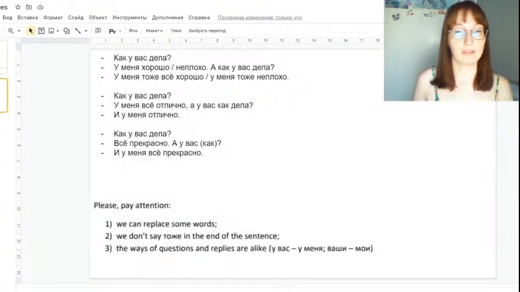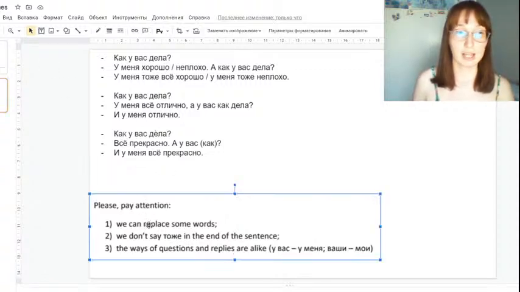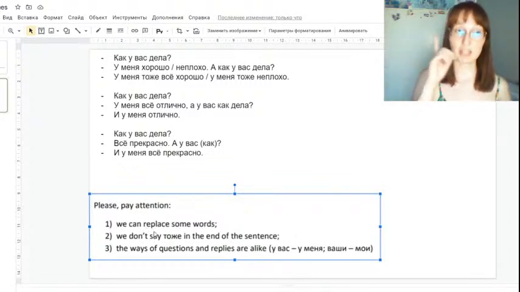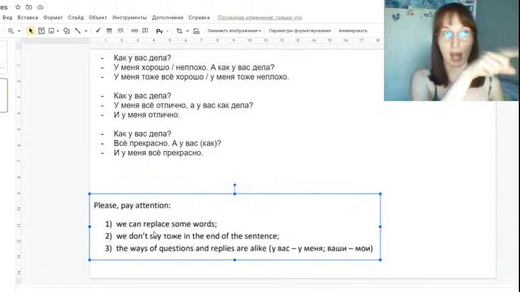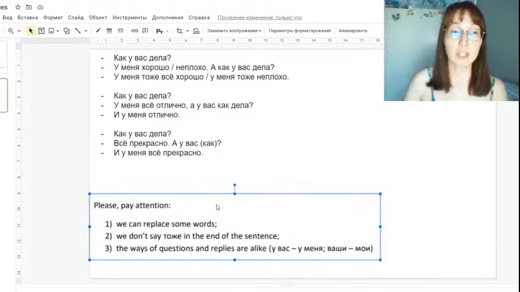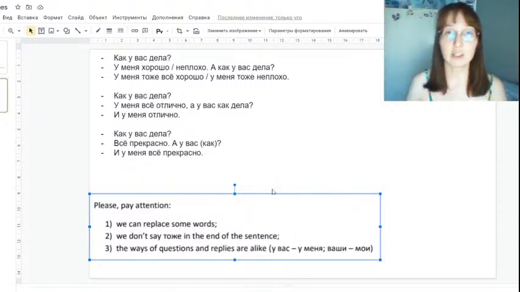Well, the last slide. And here I wrote you some notes. Please pay attention. First, we can replace some words. I explained on the first slide. We don't say тоже in the end of the sentence.